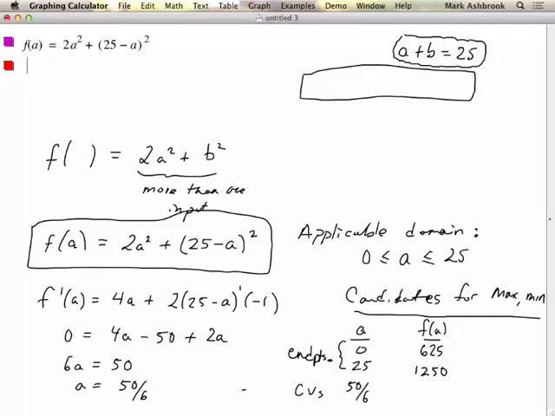And then f of 0. Boom, 625. F of 25. Boom, 1250. F of 50 over 6. 416 and 2/3.